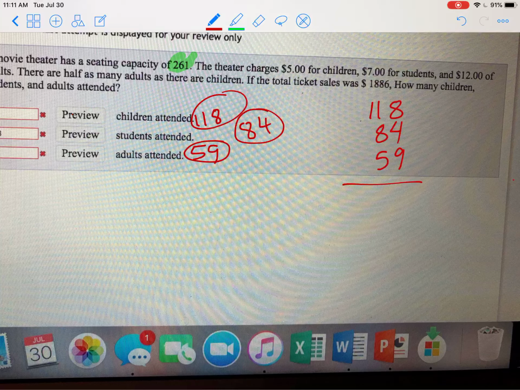Let's add all that up. 8 plus 4 is 12, plus 9 is 21. So far so good, because I want that 1 in the ones place. 2 plus 8 is 10, plus 6 is 16, and then 261. Yay! And so when you know that one of them is correct, you're kind of pretty sure that the rest of it would be. And that's how this works.